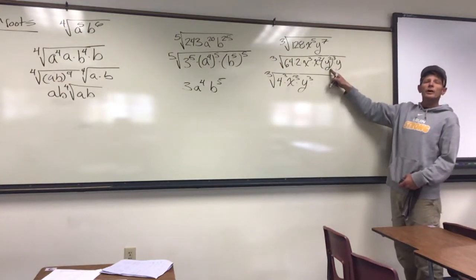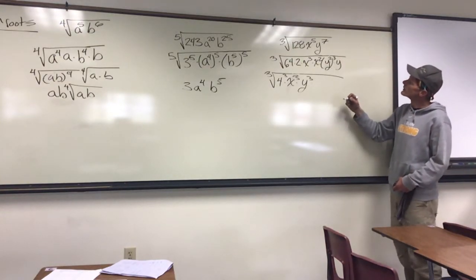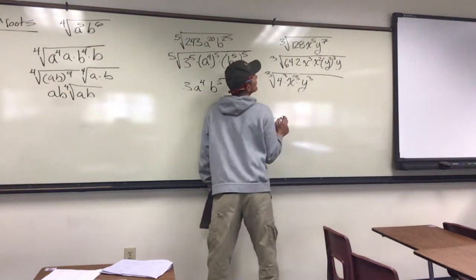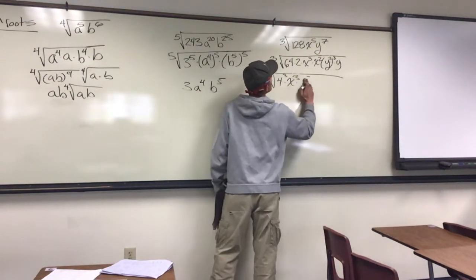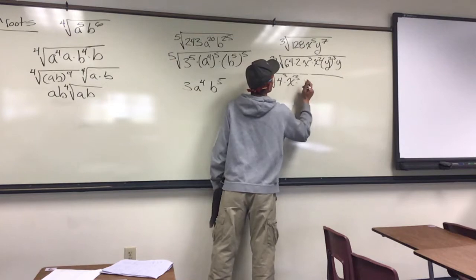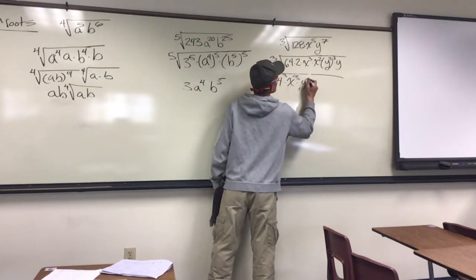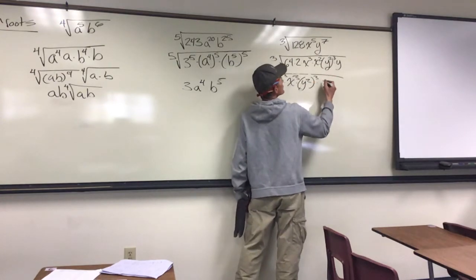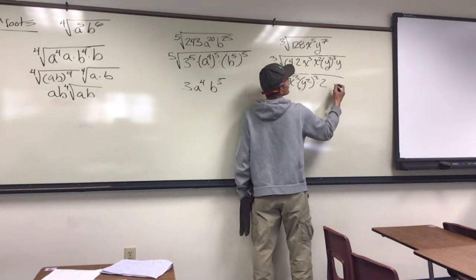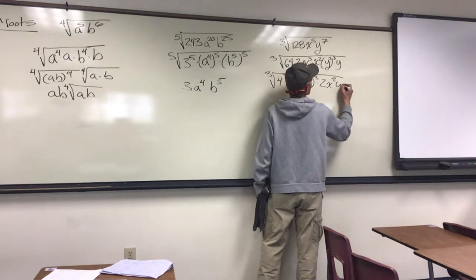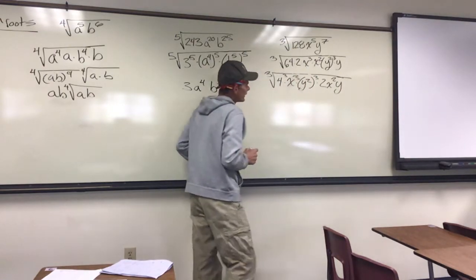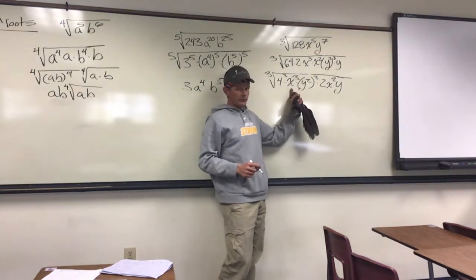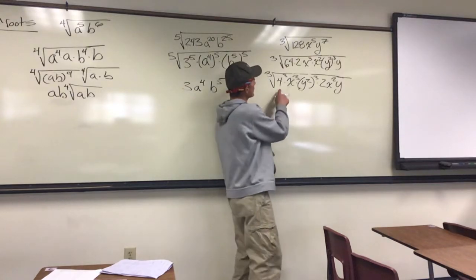Y squared cubed is y to the 6th, times y is y to the 7th. So let me rewrite that again as y squared cubed. And now I'll go back. We didn't use the 2. We have a 2 there. We have an x squared there. And we have a y. All these things are perfect cubes.